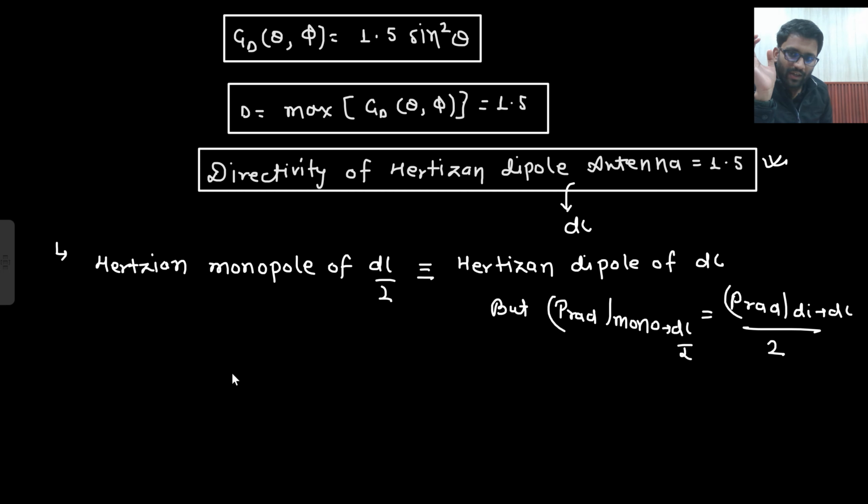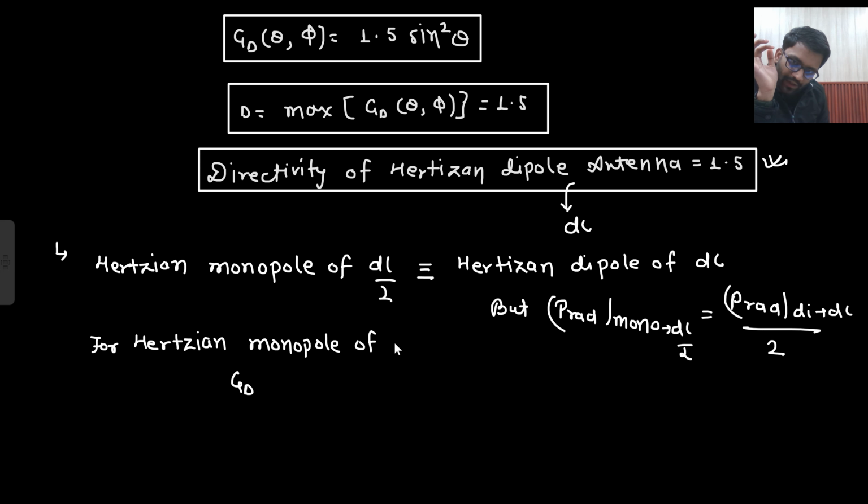So if I need to find out the directive gain for Hertzian monopole of dl by 2, then what would that be?